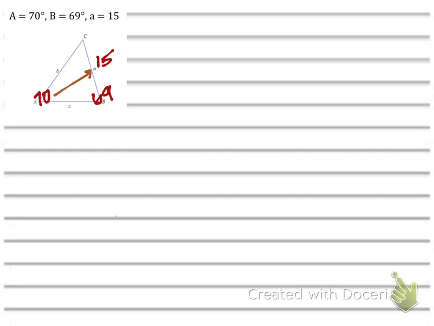It would be right here, right? Because we have an angle and a side opposite. But we can go ahead and find the third angle pretty easily, right? And say that angle C is 180 minus 70 minus 69, which is 41.